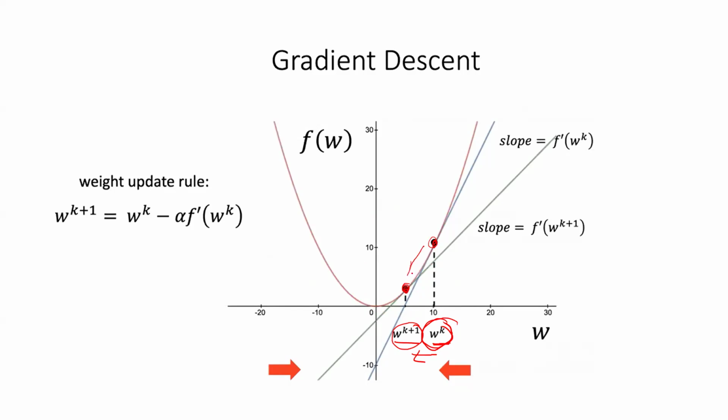Now I have changed my weight to go towards the minimum cost, which is wk plus 1, and as a result you can see that it is coming near to the minimum cost over here. So this is my minimum cost. When the derivative function is positive, you see that it is going in this direction.